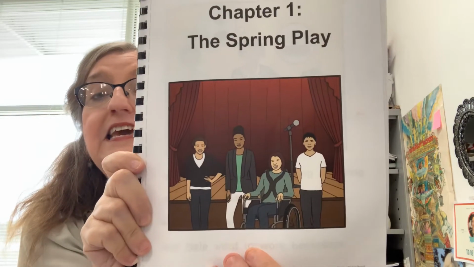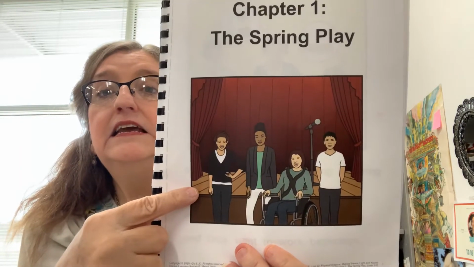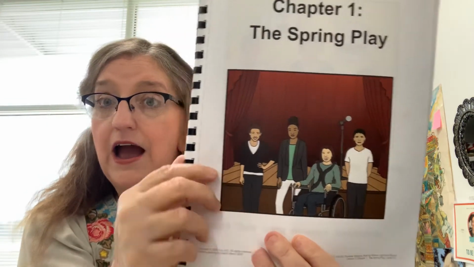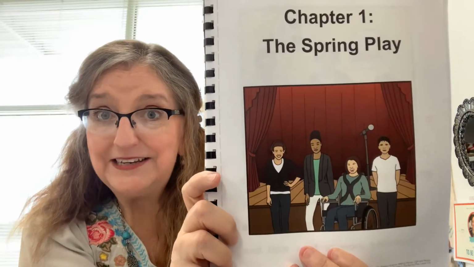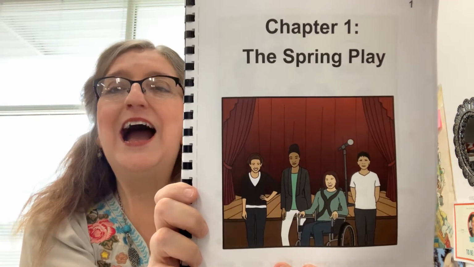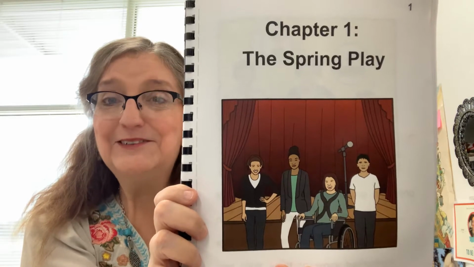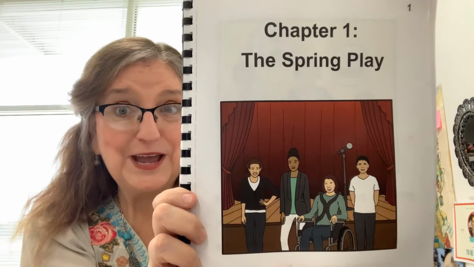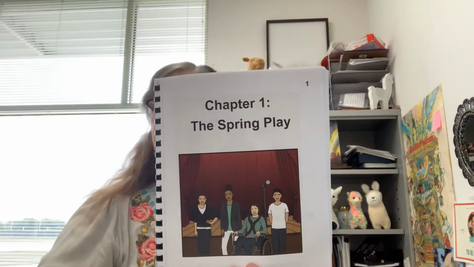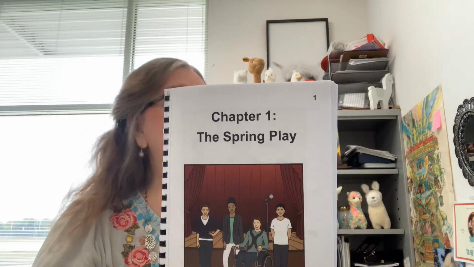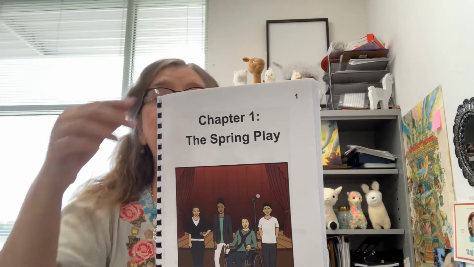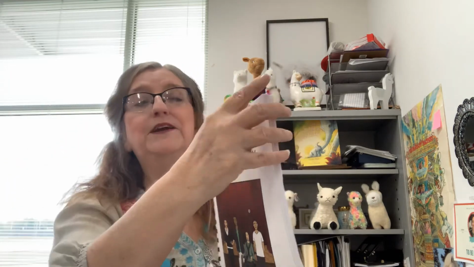We see these kids standing in front of what looks like a stage. I think everyone has probably already done a picture walk through this chapter, so I hope today will answer some of the things you have been thinking about. So let's go to page 2 and see what this story says.